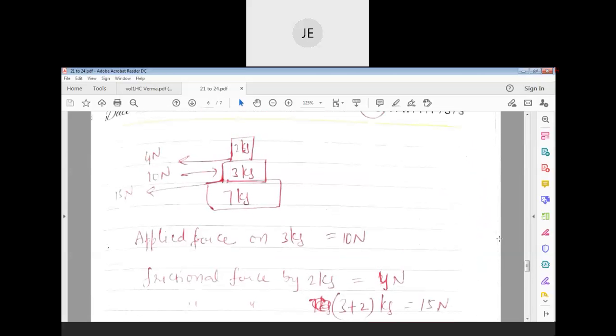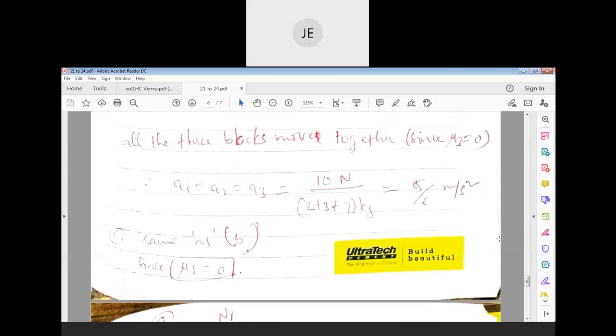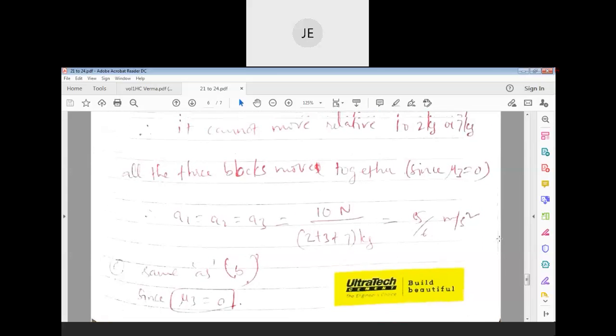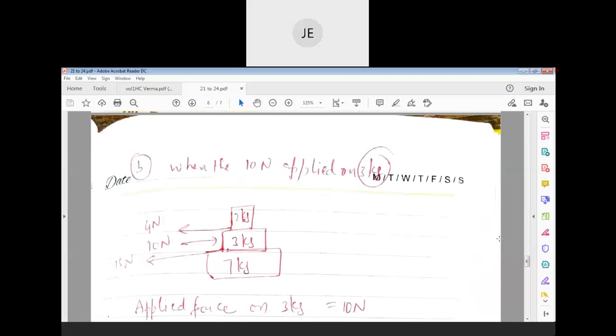And third case, on 7 kg you are applying 10 Newton, sorry, not 12. Third problem.